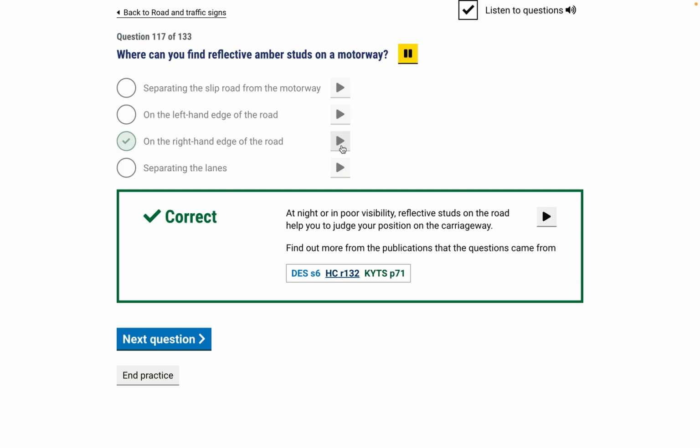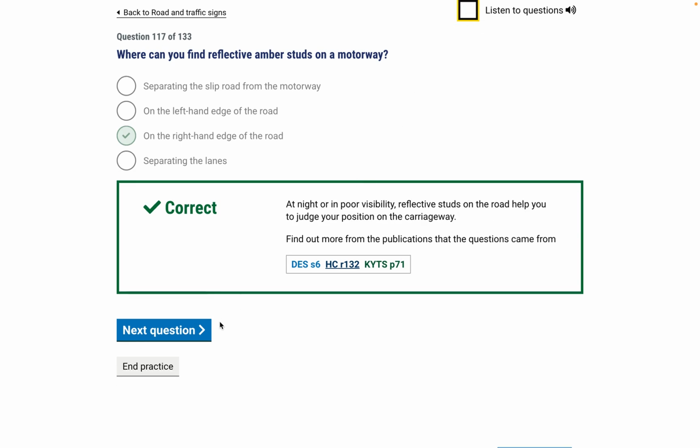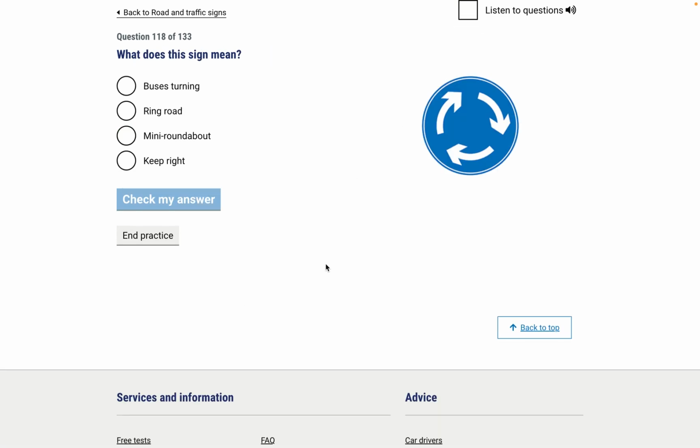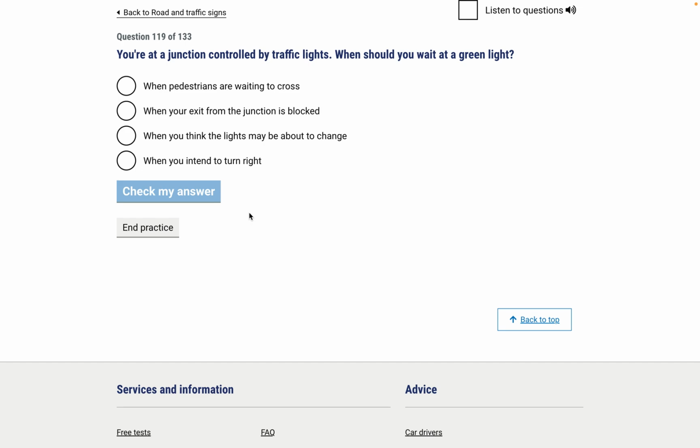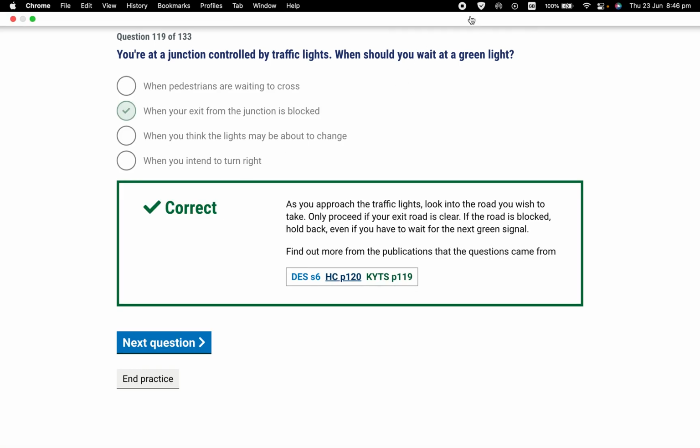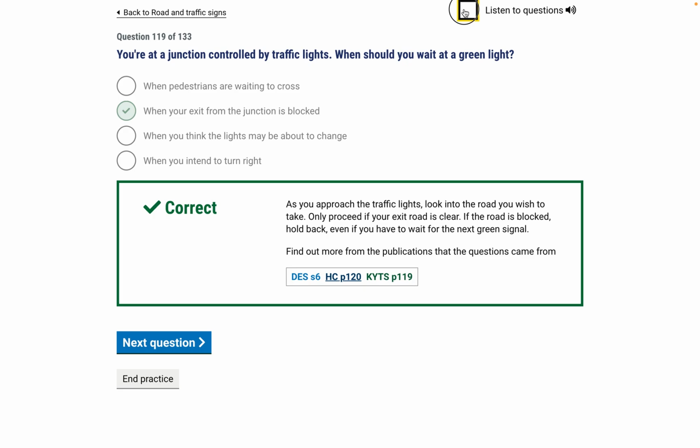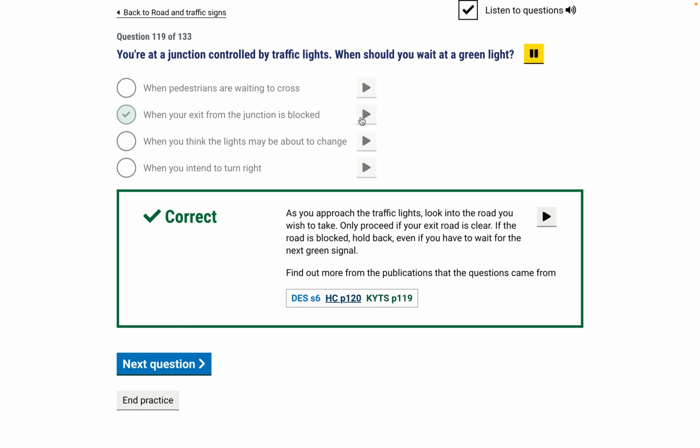Where can you find reflective amber studs on a motorway? On the right-hand edge of the road. You're at a junction controlled by traffic lights. When should you wait at a green light?